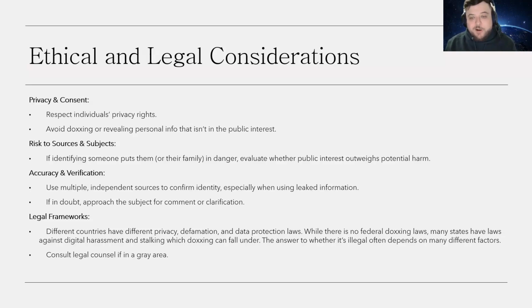So if CNN was wrong about that, not only can that potentially open them up to being sued, they could ruin a person's life if they're wrong. So you always got to double check these things. And at the end of the day, you want to be respectful of people's privacy rights.